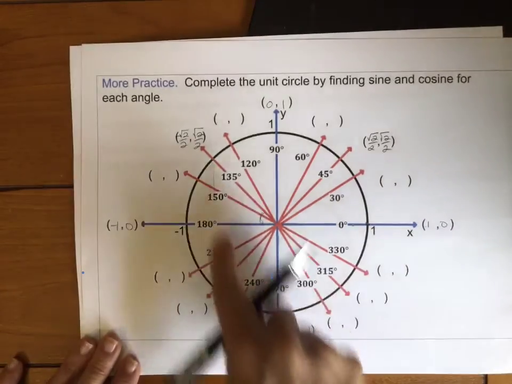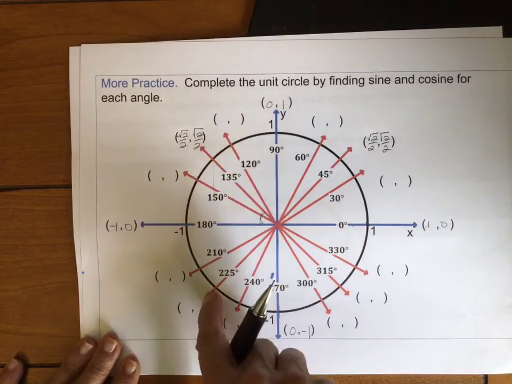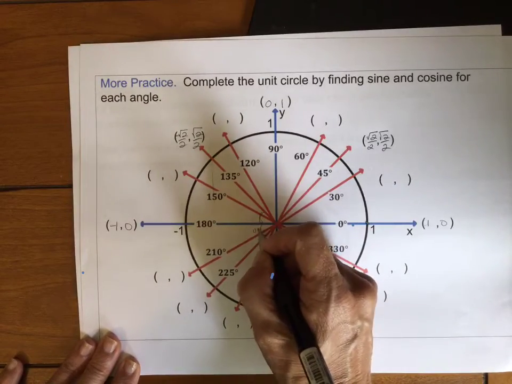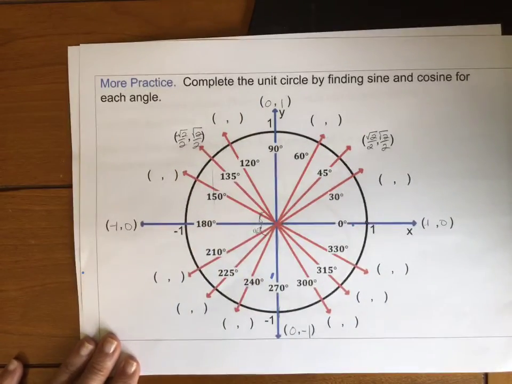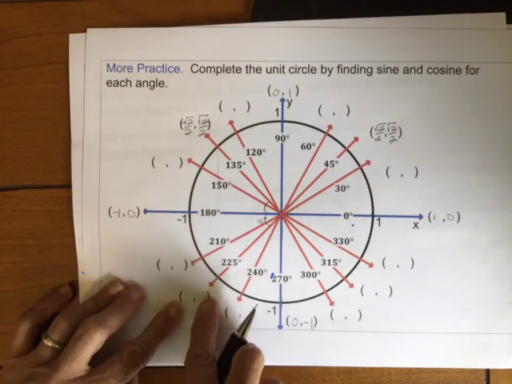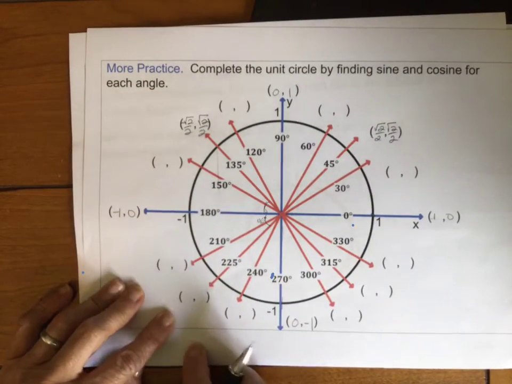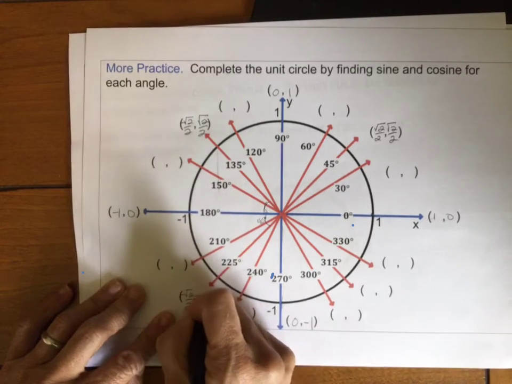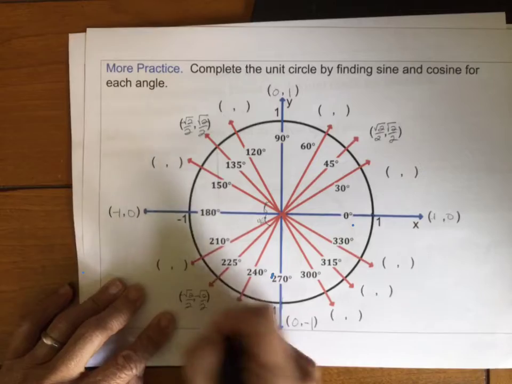And then I come down here to third quadrant at 225. This angle here is 45 degrees. So same values, different signs, because in quadrant 3, x and y are both negative. So negative root 2 over 2 and negative root 2 over 2.